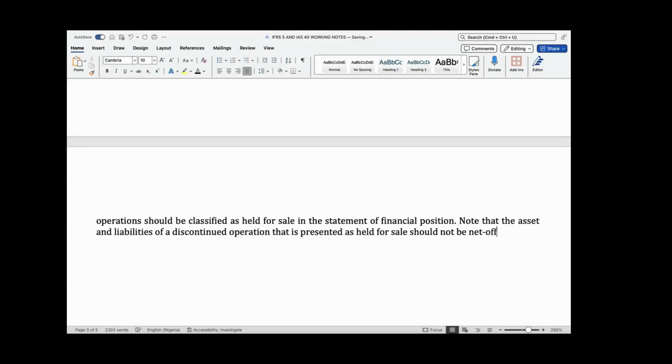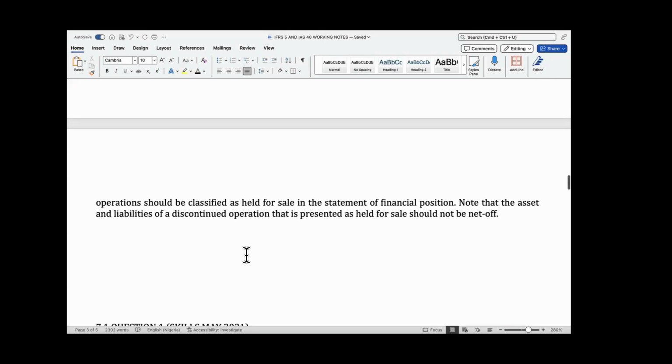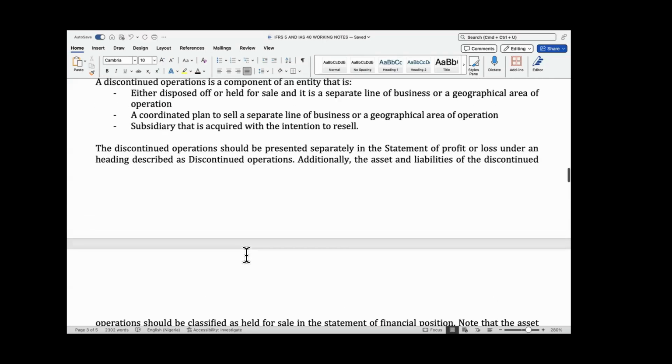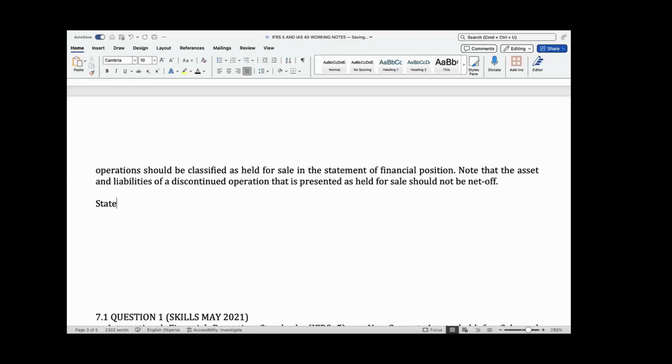You can't net it off. You have to present them separately. The assets presented as assets, the liabilities presented as liabilities. In line with what I taught you under held for sale, you present them after current assets. For the liabilities, you present them after current liabilities separately. Don't net them off.